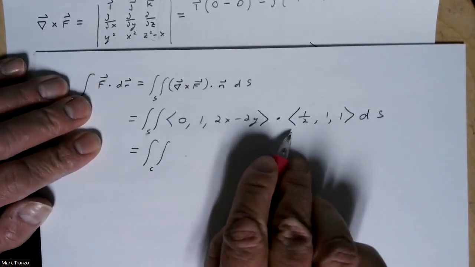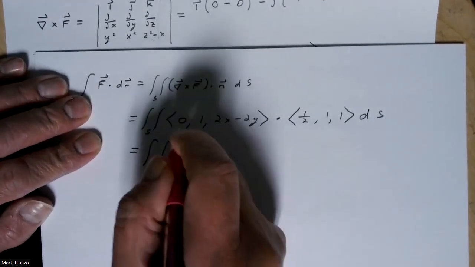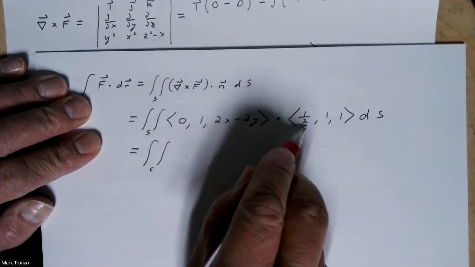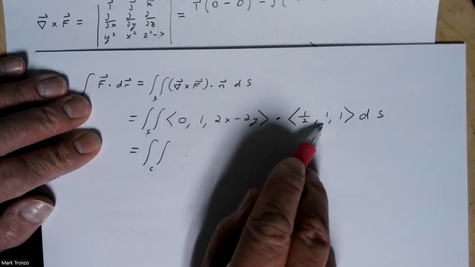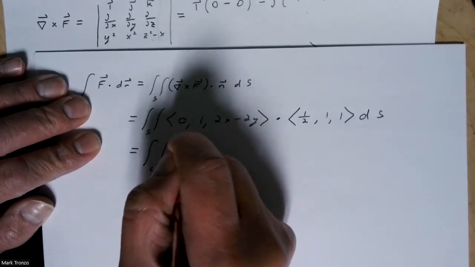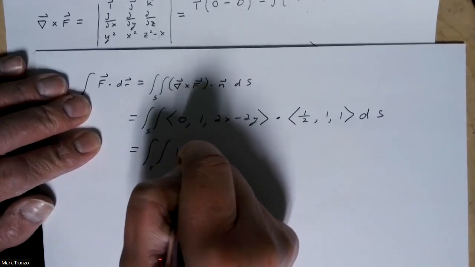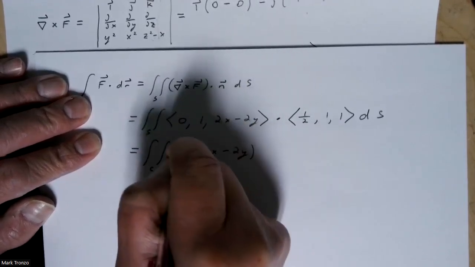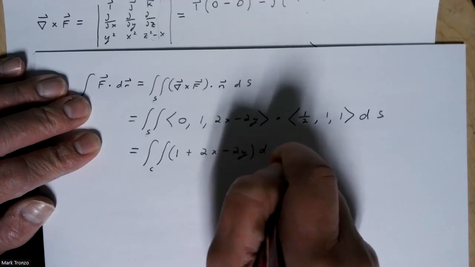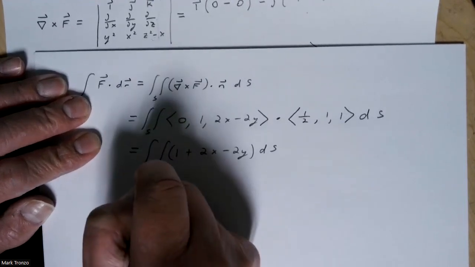And we work this out. Remember, do the dot product, that's 0. And then that would be 1 plus 2x minus 2y dS, like this.